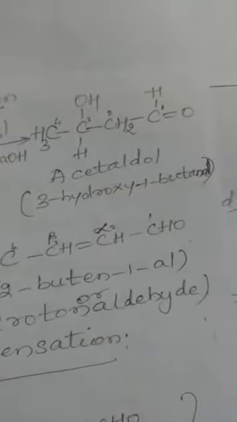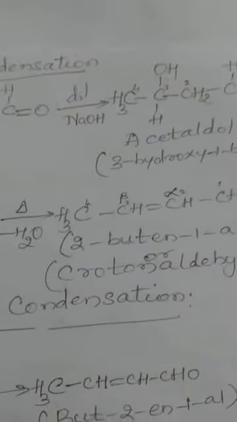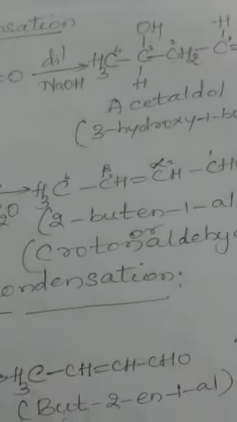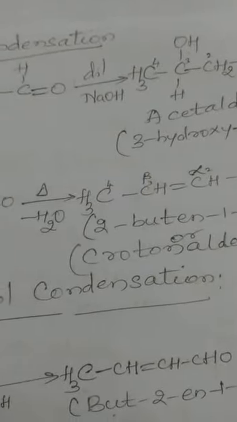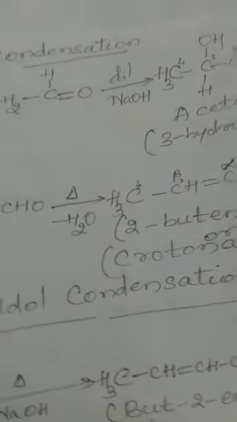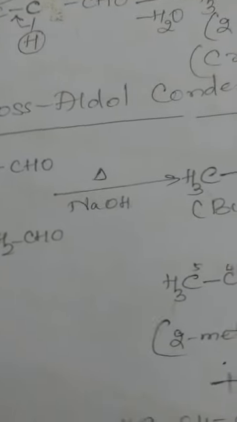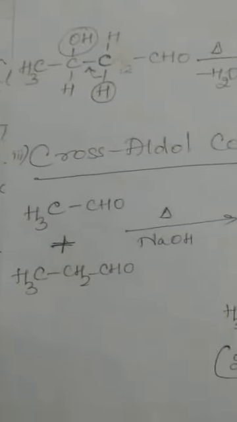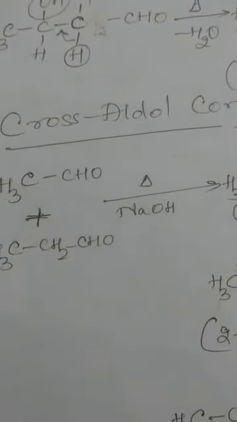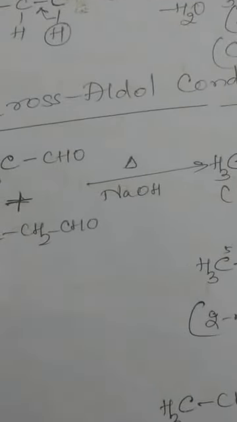Now there is one more reaction called cross-aldol condensation. In the case of cross-aldol condensation, a very important point to be noted is that there will be two different molecules of aldehyde, and both of the reactant molecules taken will contain alpha hydrogen atoms.